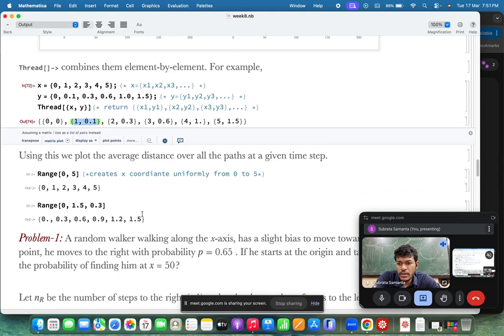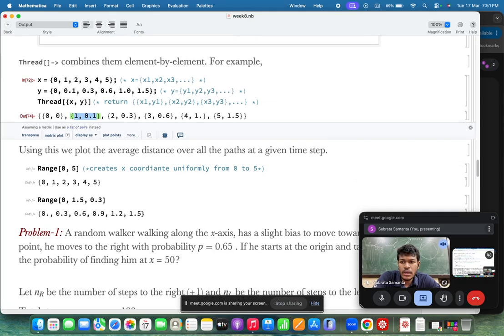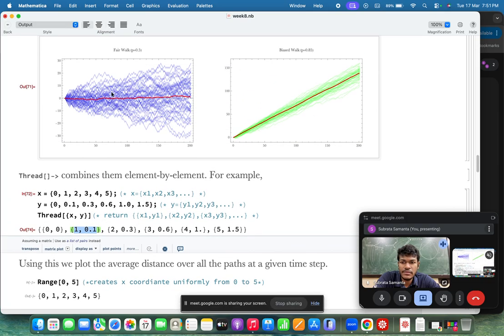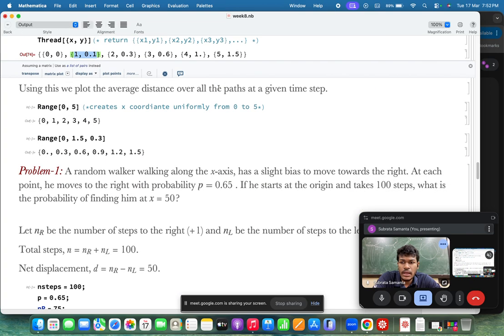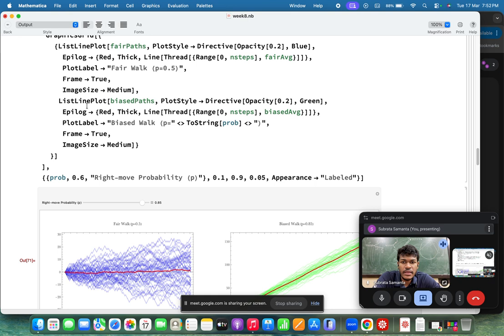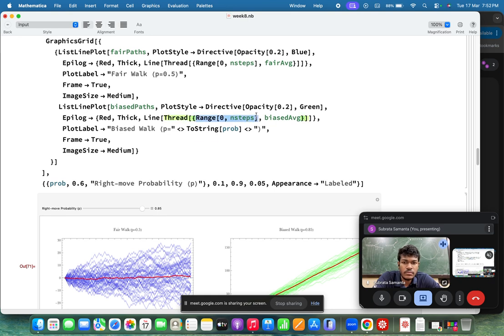So, using this we plot the average distance over all the paths at given time stamps. That is the red line that we did here, and we know the range is basically 0 to 5. So, here I use 0 to n steps.